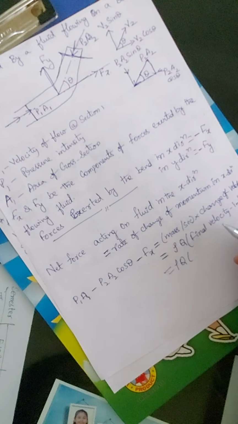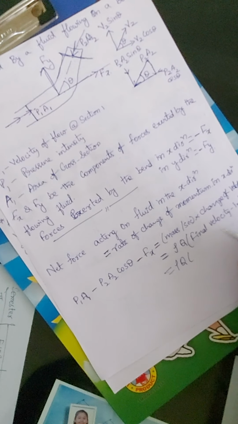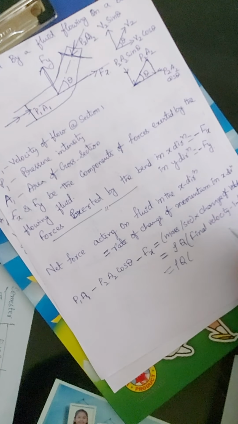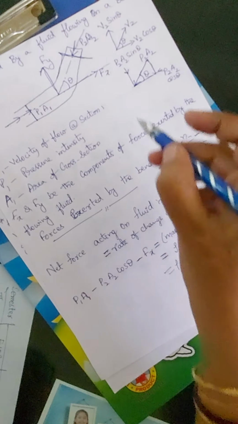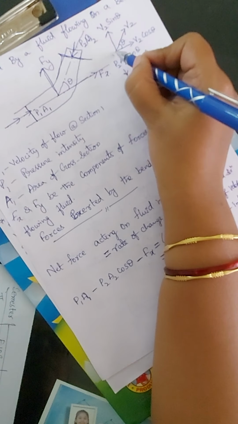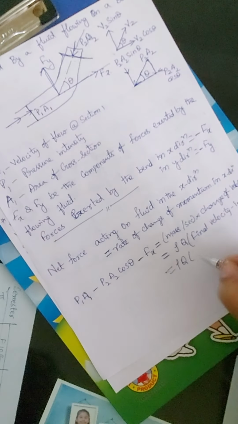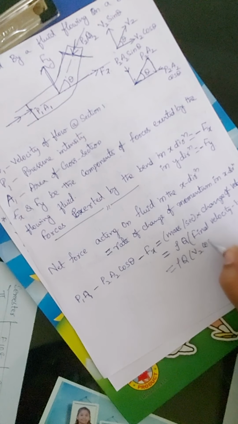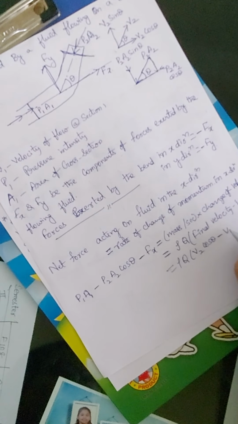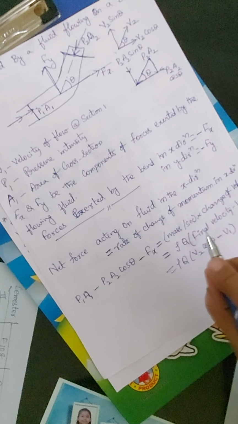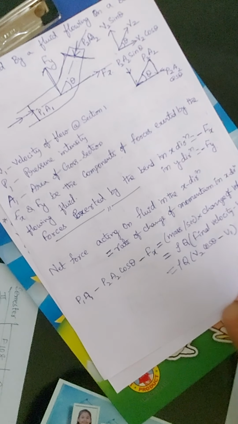The final velocity in x direction is V2 cos theta, so it is rho Q into V2 cos theta minus V1.